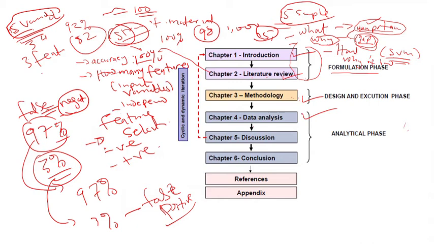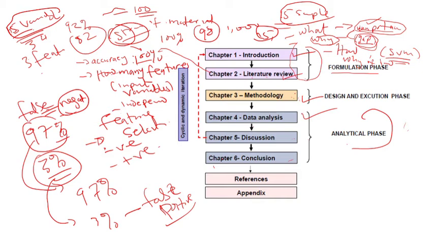Once you are done with that, you move to the discussion of results, which is very, very important, and of course the conclusion. We call all this the analytical phase. So your power of analysis is very important. It will go a long way in convincing the reviewers to accept your paper or otherwise.